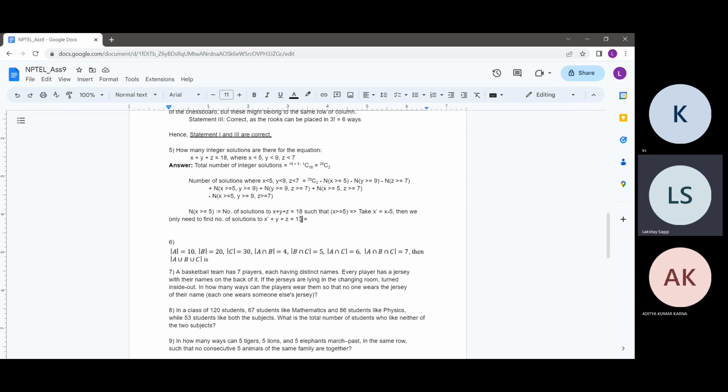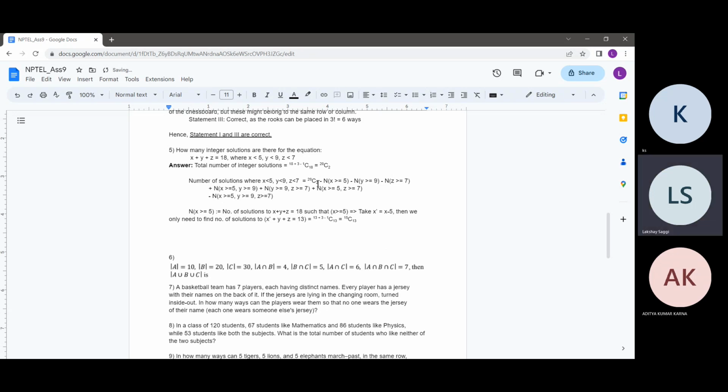It will be nothing but 13 plus 2 C 13, like I did here, 13 plus 3 minus 1 C 13. This will be equal to 15 C 13.